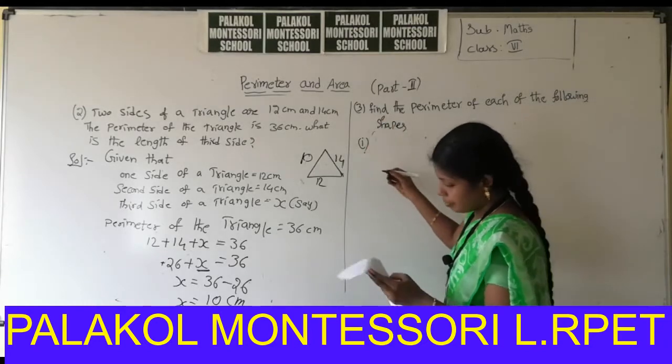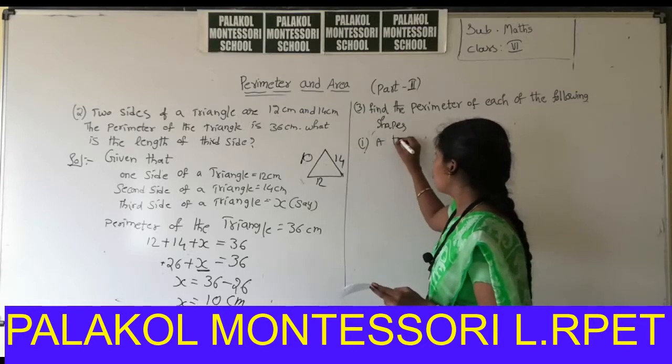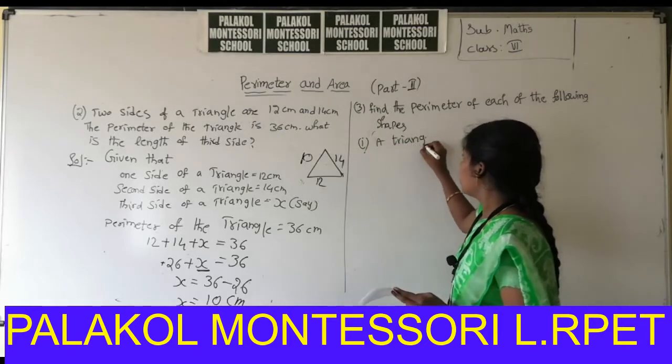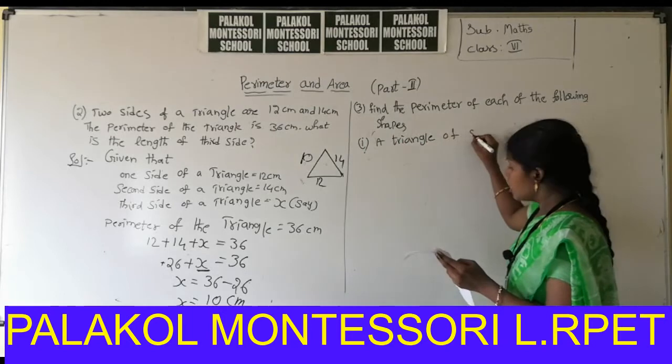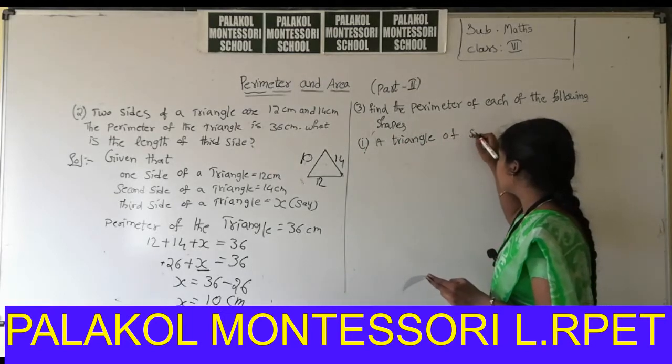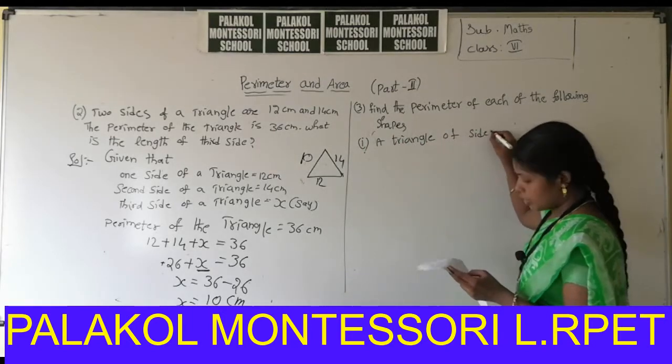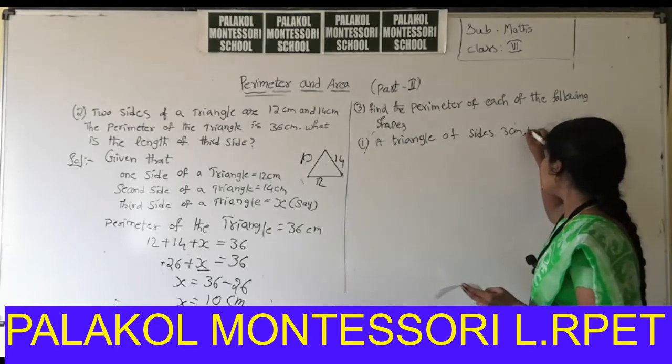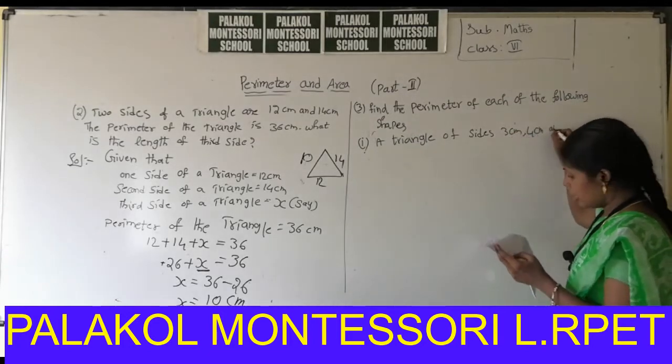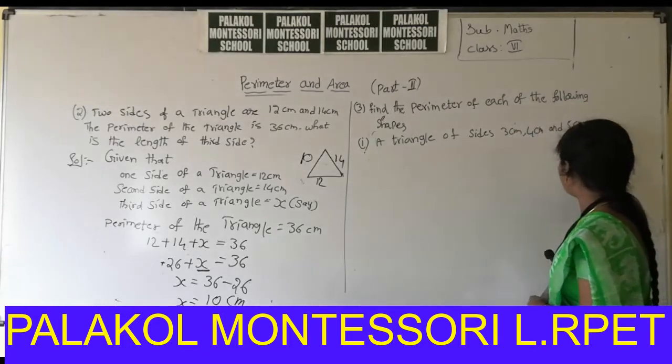First one, a triangle of sides 3 centimeters, 4 centimeters and 5 centimeters.